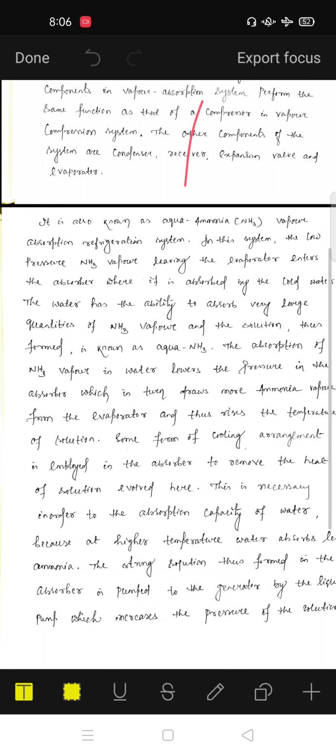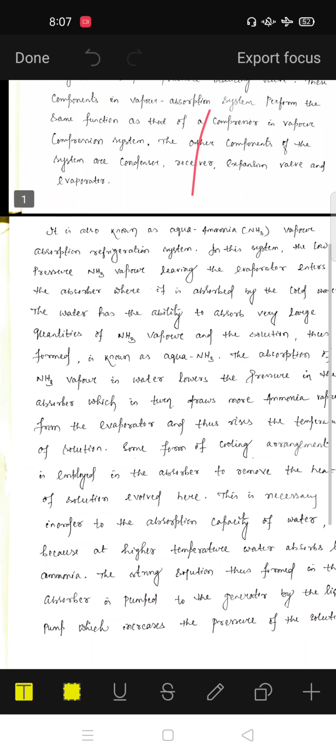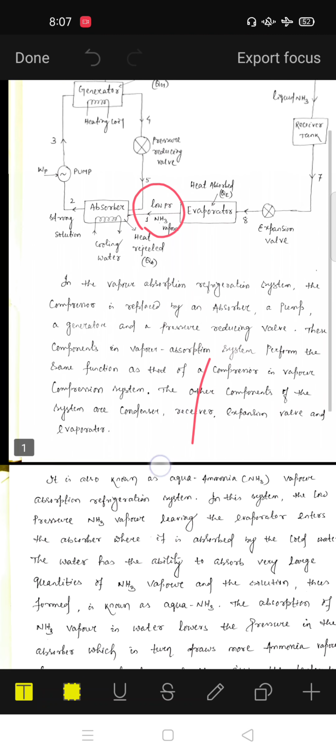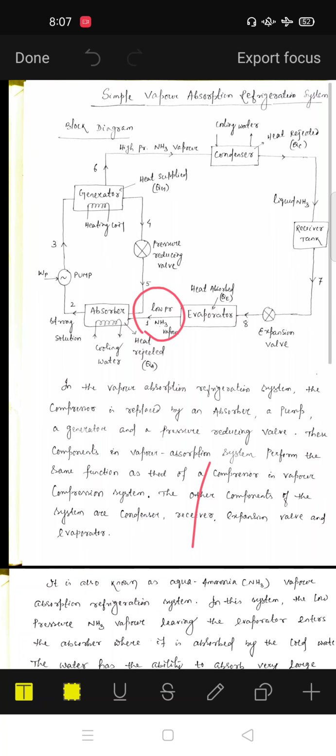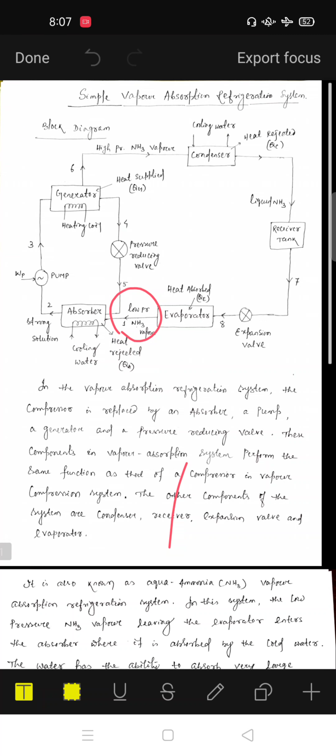So in this system, the low pressure ammonia vapor leaving the evaporator enters the absorber, where it is absorbed by the cold water. The water has the ability to absorb a very large quantity of ammonia vapor, and the solution thus formed is called what? Aqua ammonia solution. So this is your strong solution. At point number 2 you are getting the strong solution, that is aqua ammonia solution.